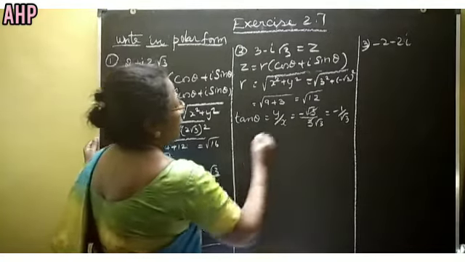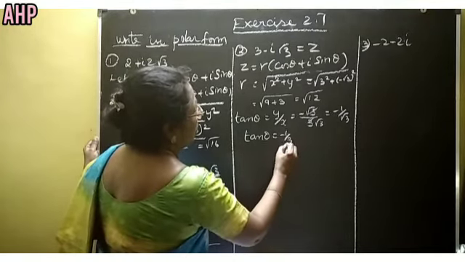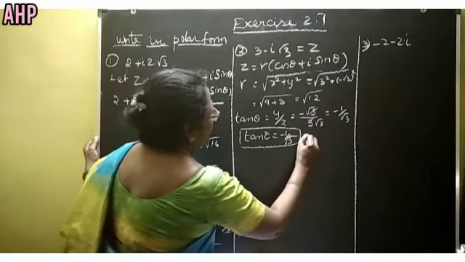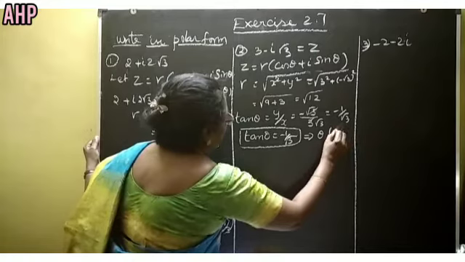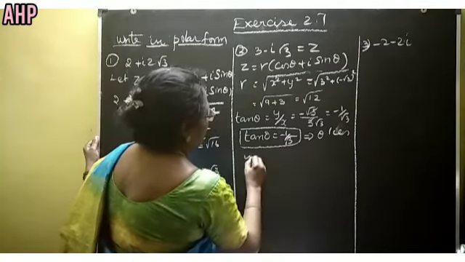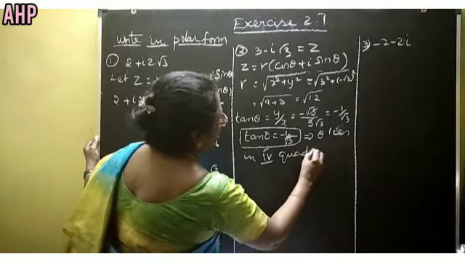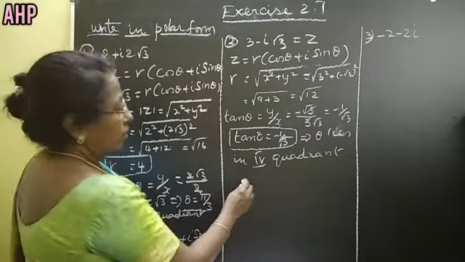So tan theta is equal to minus 1 by root 3 implies theta lies in the fourth quadrant. So theta lies in the fourth quadrant.